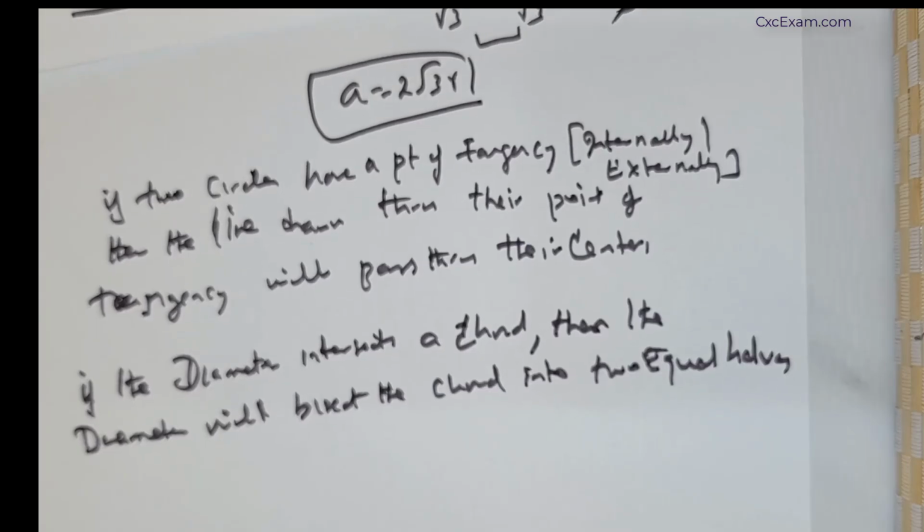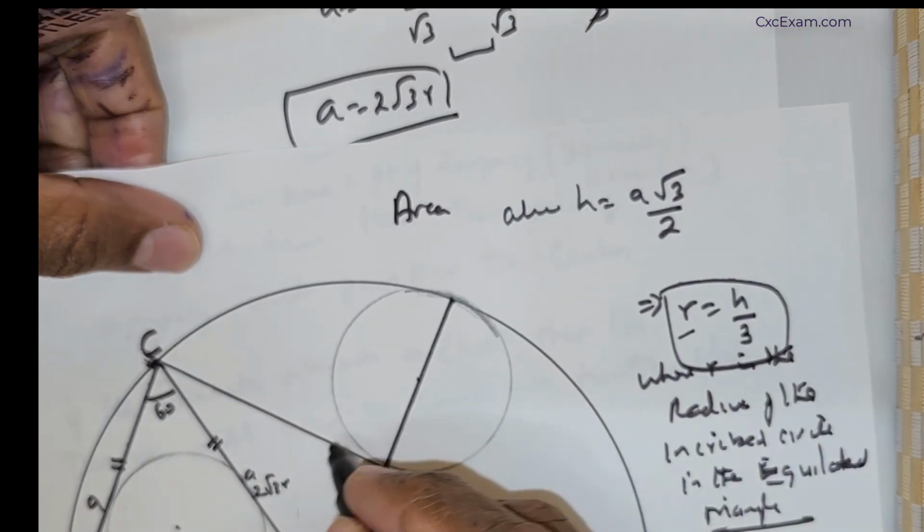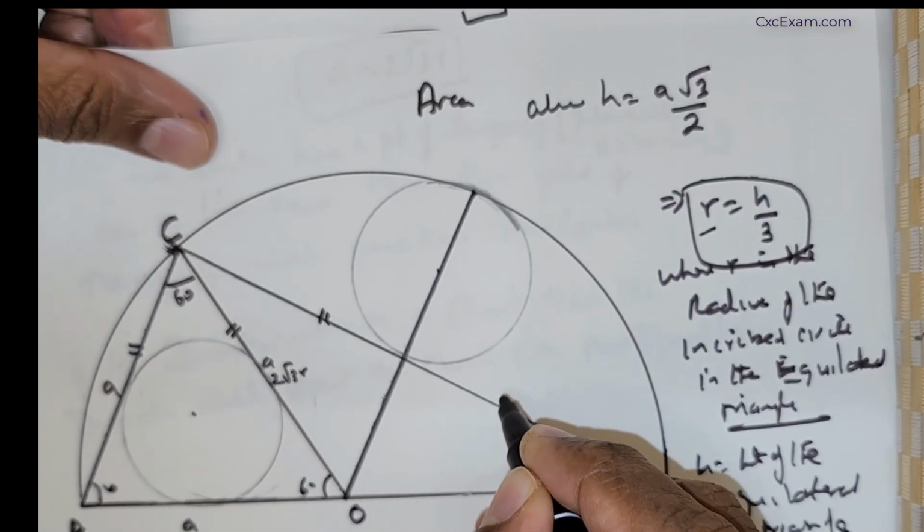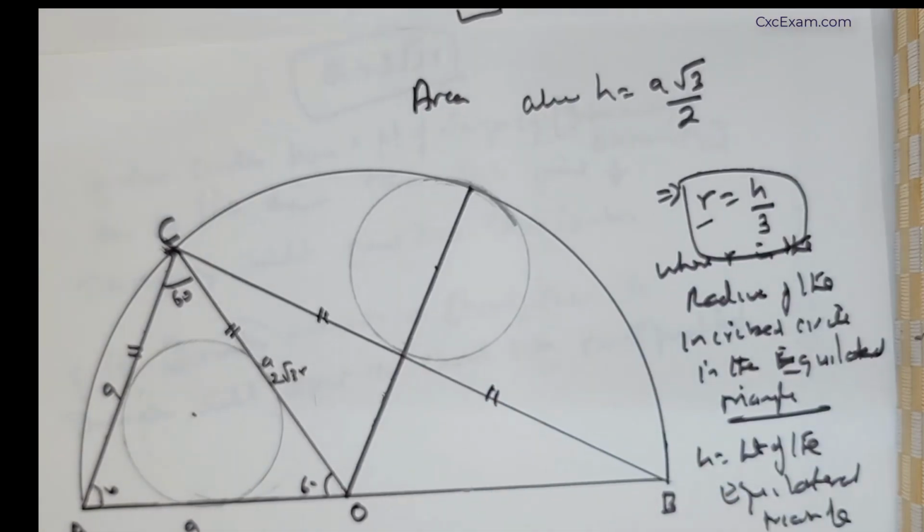So these two sides are going to be one and the same, right? These two sides are going to be same.